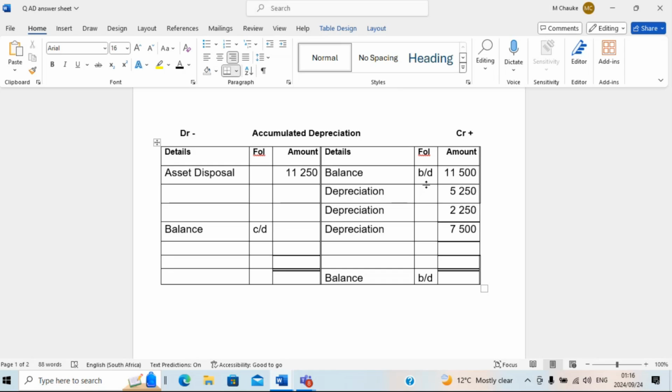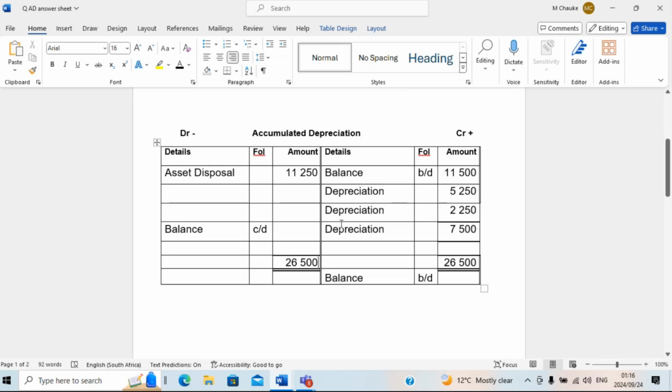When we check, the bigger side is the credit side with an amount of 26,500, after you add all the depreciations here. So even on the other side, the total will be 26,500, because both sides must be equal.